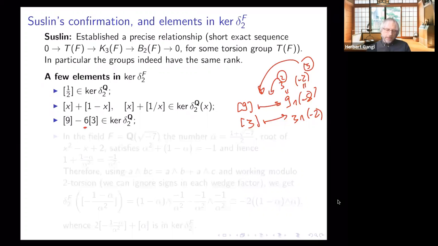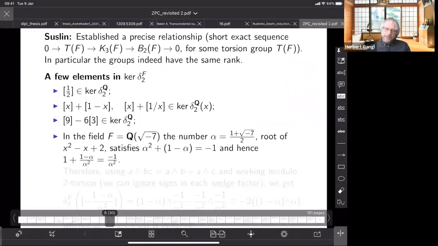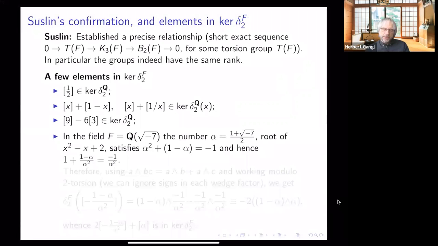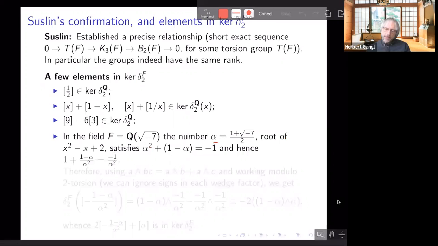But the next one is maybe more interesting, because it actually uses more complex, more interesting algebraic relations. So in the field F being Q of root minus 7, look at the number given here, which is the root of this polynomial.